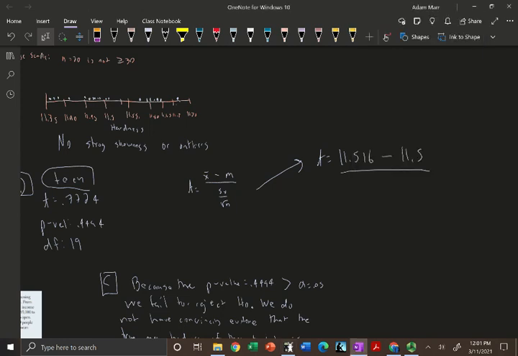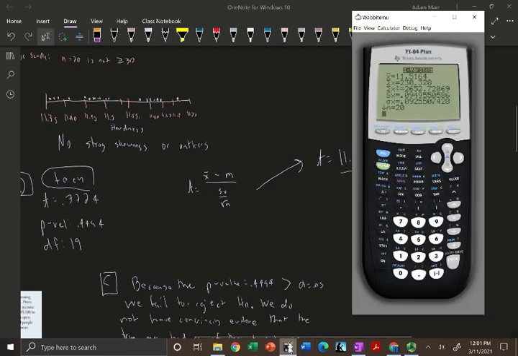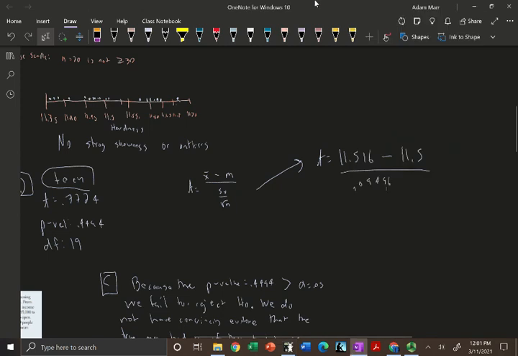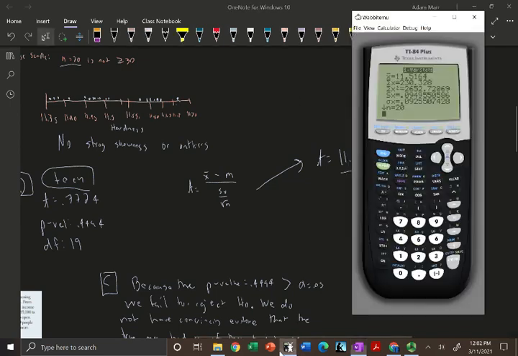Or if you just want to do it to 4 decimals, that would go up to 0.0950. Should be fine. Over the square root of n, and n once again is going to be 20. So you would put all that in at once right here.